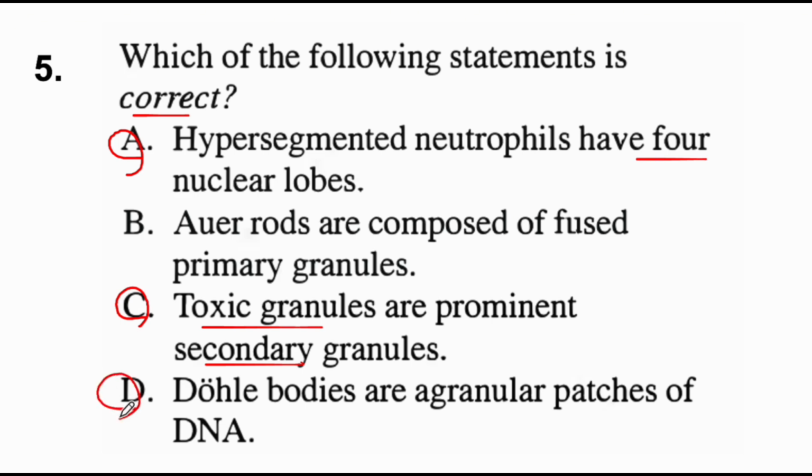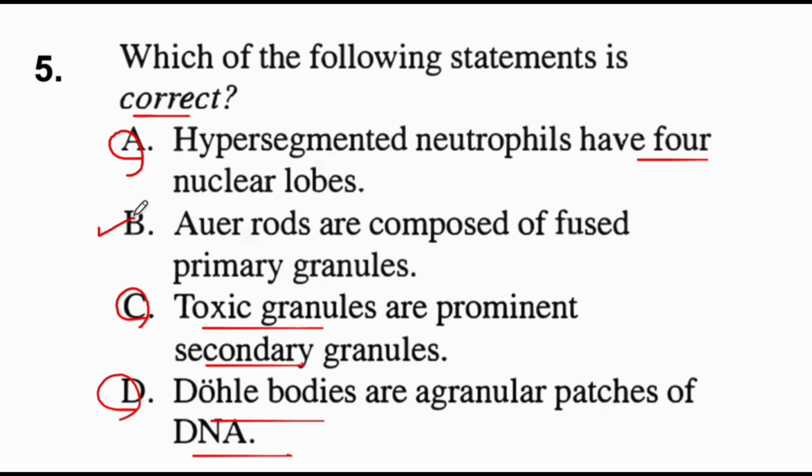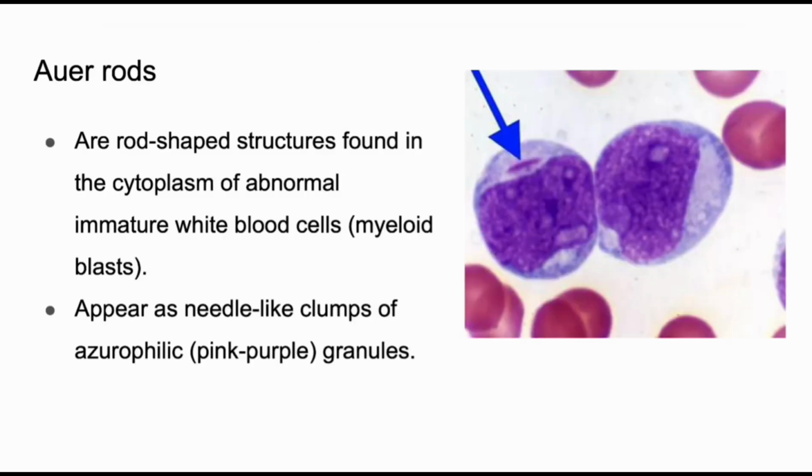D is false. Dohle bodies are pale blue patches of rough endoplasmic reticulum which contain RNA, not DNA. Auer rods are a crucial finding, and we will see them in the picture on the next slide.